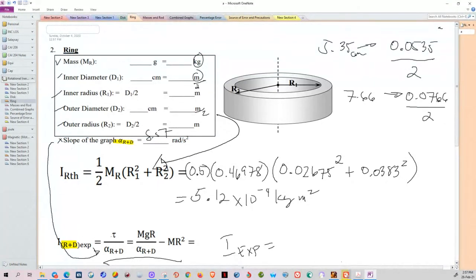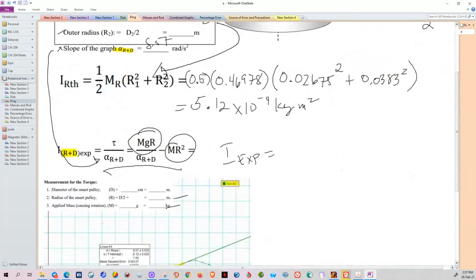The slope is for this. What about mr squared? You will use this because it's from the torque. Clear? So which m are you going to use? Applied mass. Which g? Gravity. Which r? Radius of the pulley.